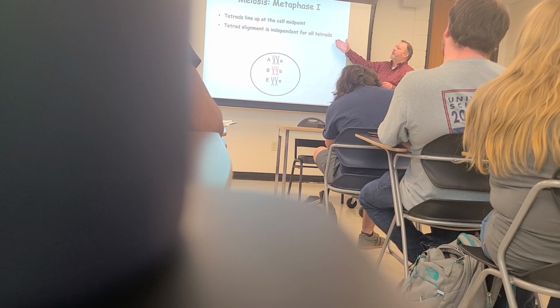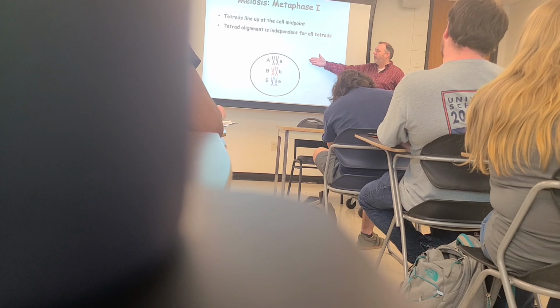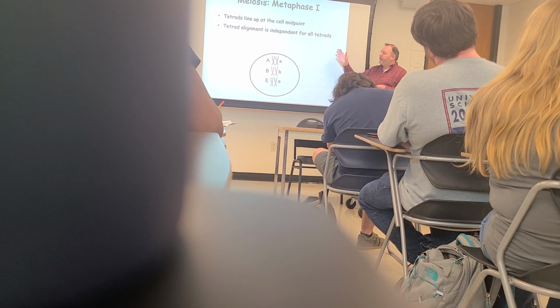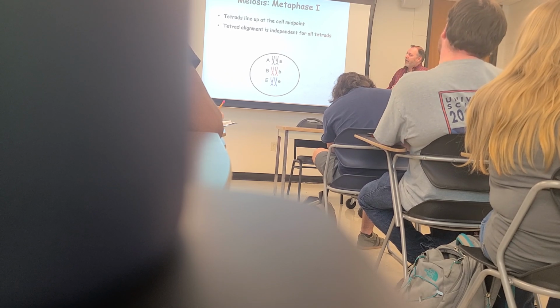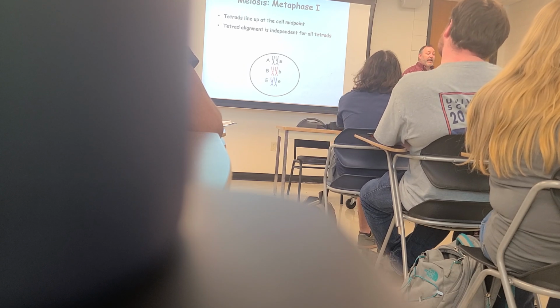So independent alignment basically says that chromosome 1 will orient itself independently relative to all the other chromosomes that are present inside the cell. Chromosome 1 is not an independent unit. It is 4 pieces of DNA stuck together in what we call a tetrad.